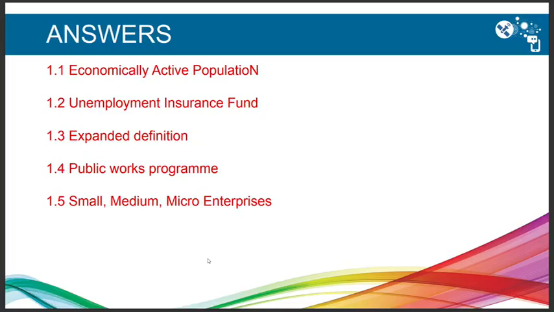And then 1.3 is the expanded definition. 1.4 is the public works program, and 1.5 refers to the small, medium, micro enterprises. If you wrote SMME, you will not get the mark. You have to write it out in full: small, medium, micro enterprises.